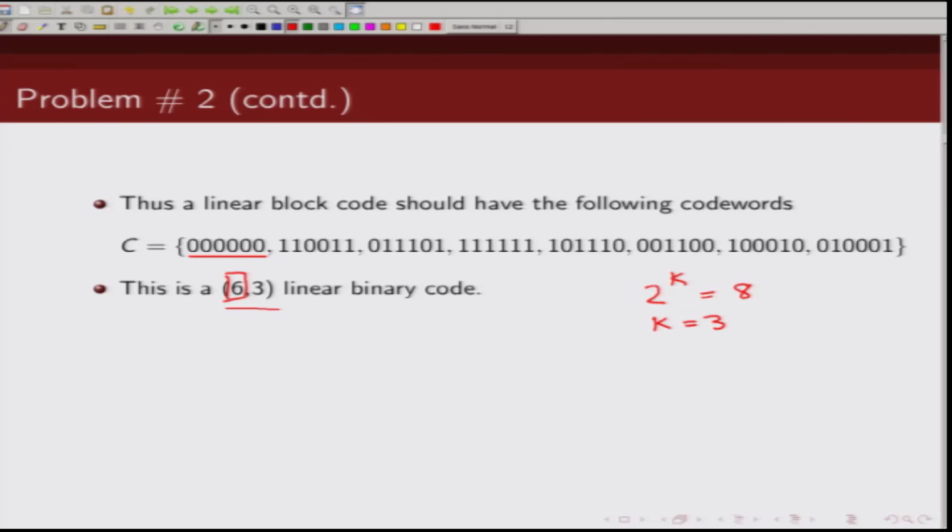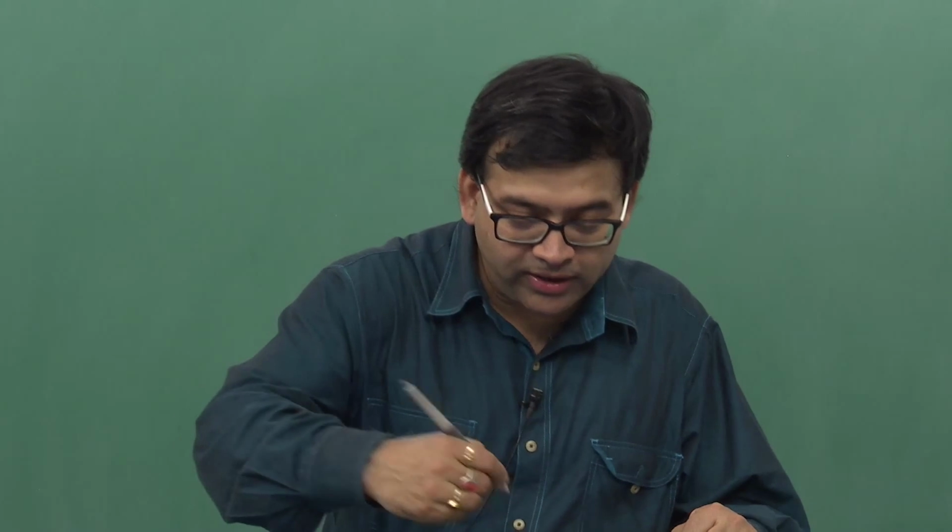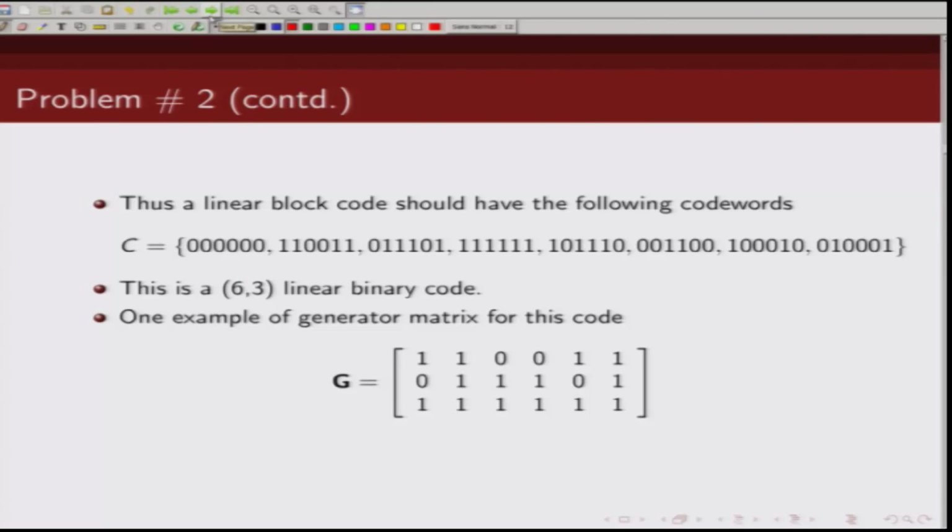Now, if I ask you, tell me what is a generator matrix that will generate this set of code words. How can you do that? We know the generator matrix is a k cross n matrix. So, k in this case is 3. If you take 3 code words which are linearly independent and form them as rows of your generator matrix, then you get your generator matrix.